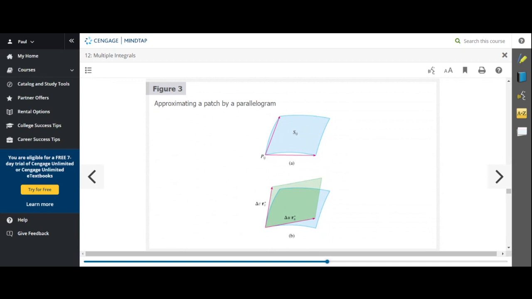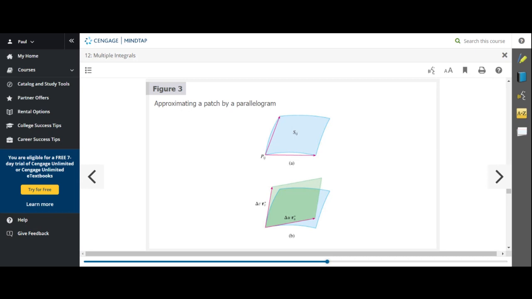Now the area of a parallelogram, of course, it's critical to know the vectors that form the sides. A parallelogram is more general than just a rectangle for a general patch, and that's why we use a parallelogram. The tangent vectors at the point P sub ij are the derivative vector r with respect to u and the derivative vector r with respect to v.